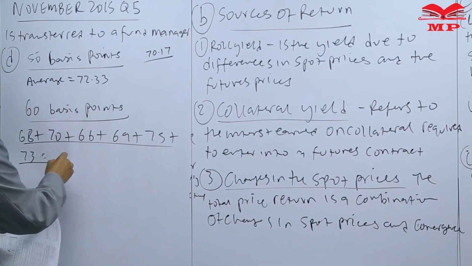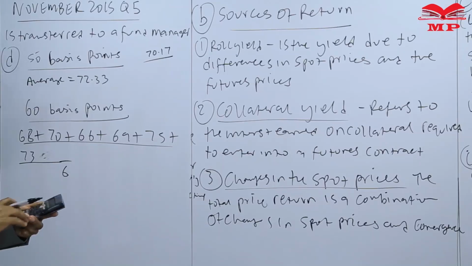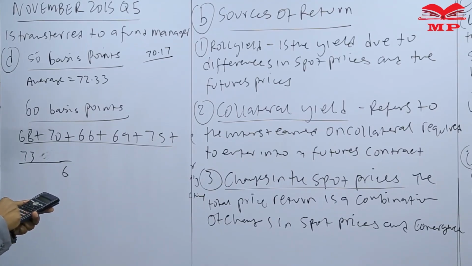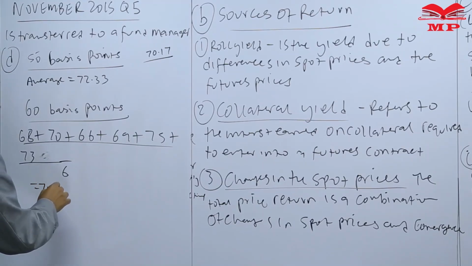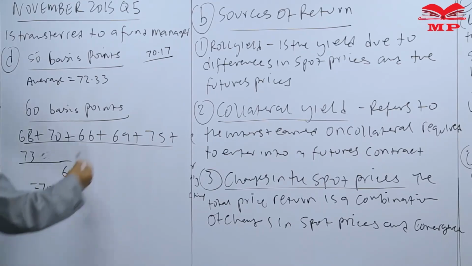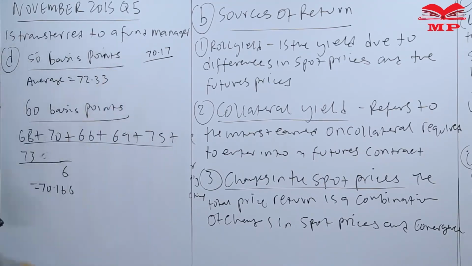That is 421 divided by 6, which gives 70.16. As you can see, 70.166 or 70.17, this is exactly the same as the market price.